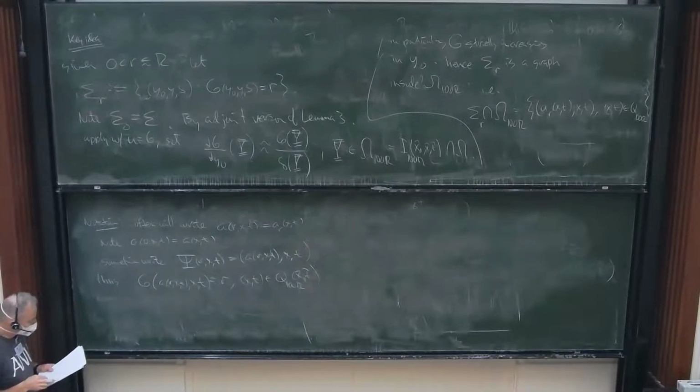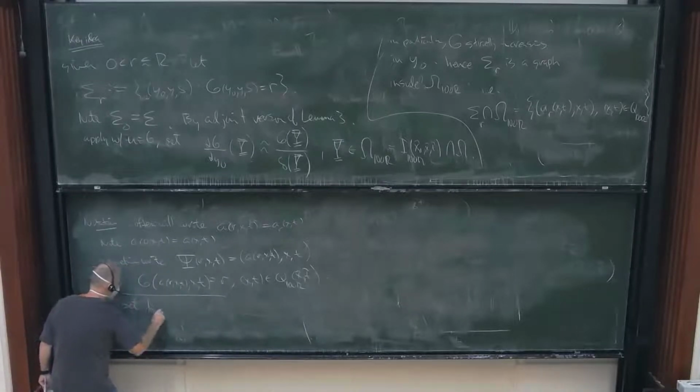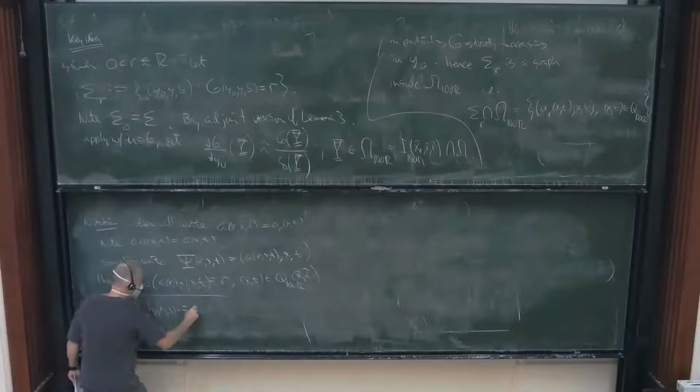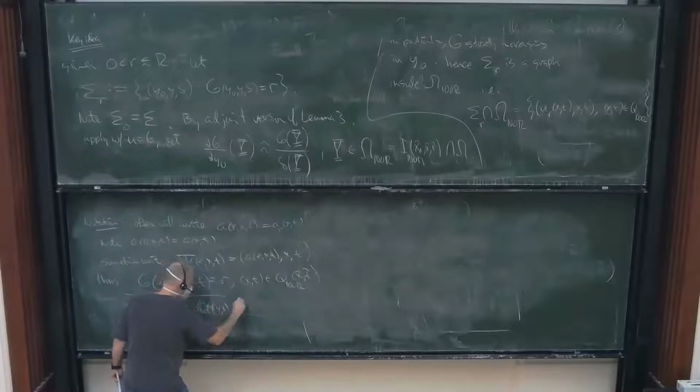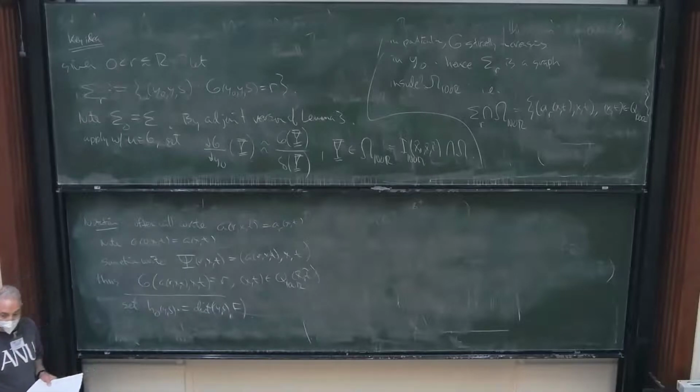All right. So at this point, I'm going to set h naught of (y, s) to be the distance from (y, s) to F. Remember, F was the projection of this set F star up on the graph.